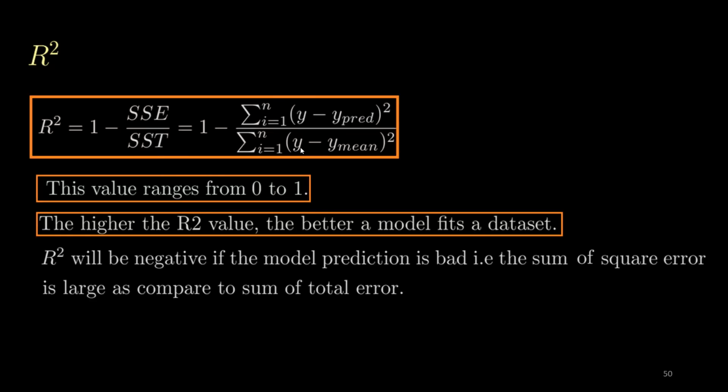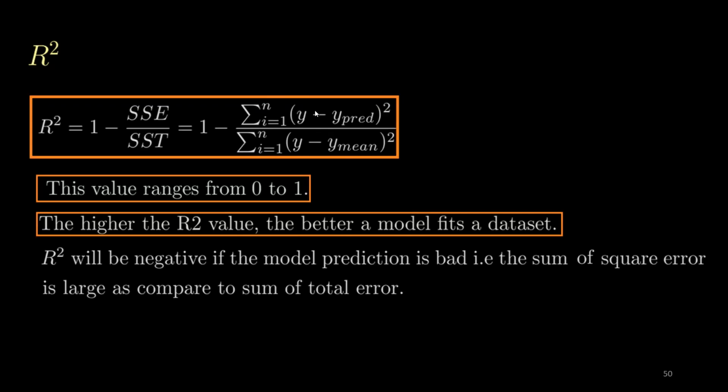In that case, we subtract the mean value of our target variable from each target value, and then we take the sum. So the requirement is that the SSE value should be very small because it is a sum of square error. So if it is close to 0, or ideally if it is 0, then it will make this ratio equal to 0.